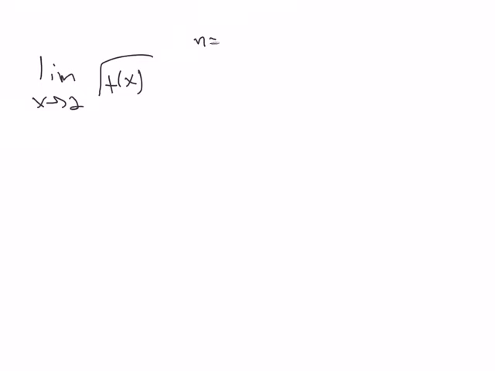We just take n equals 2 and put the limit inside, so it's the same as the square root of the limit as x goes to 2 of f of x. The rest you can solve.